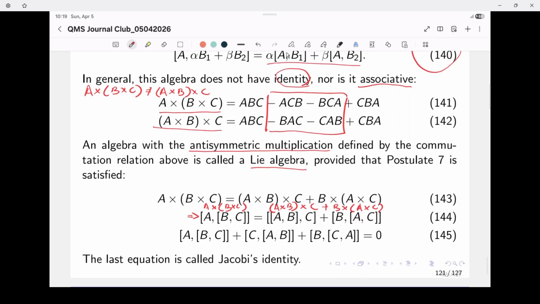But usually we don't really use 144. We use 145, which is called the Jacobi identity. The way to do it is to move these two in front, and then we make use of the property of the commutator.